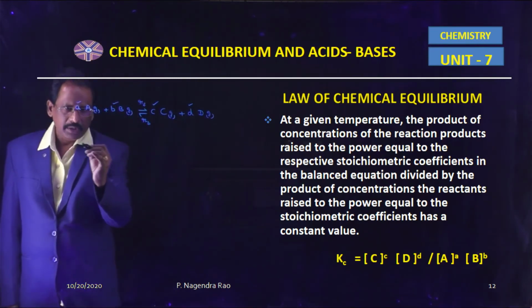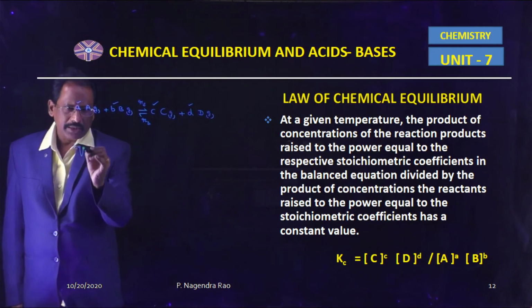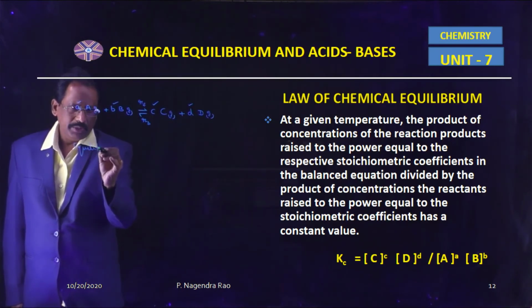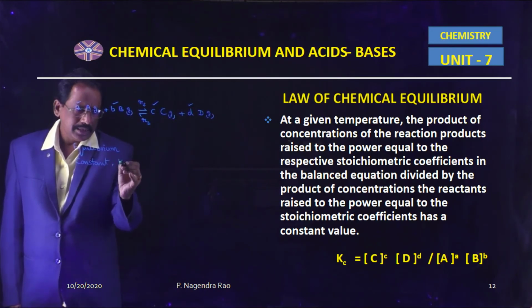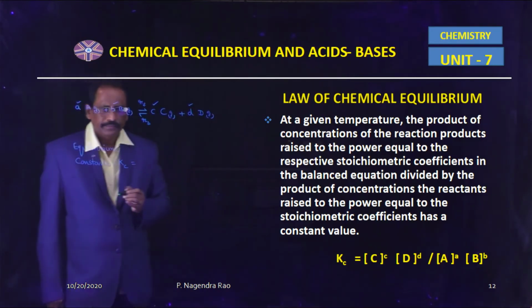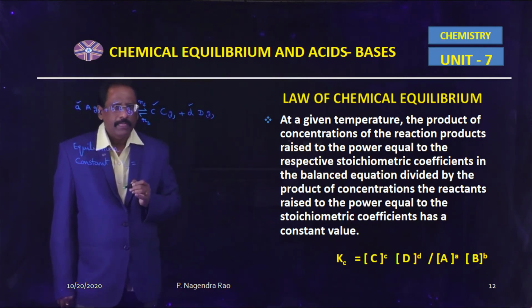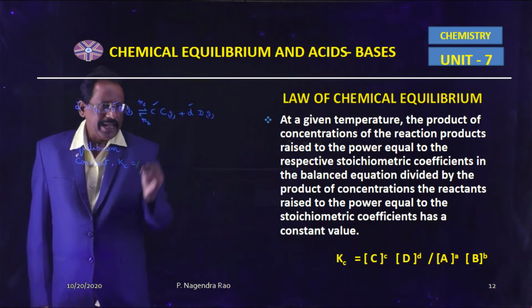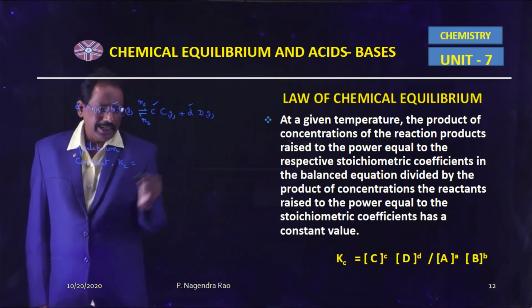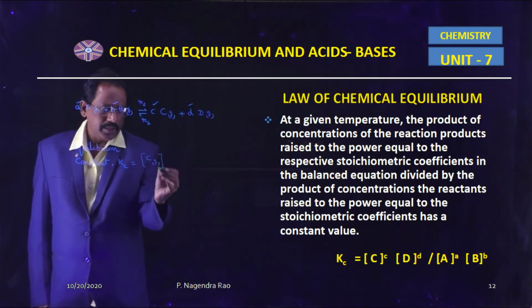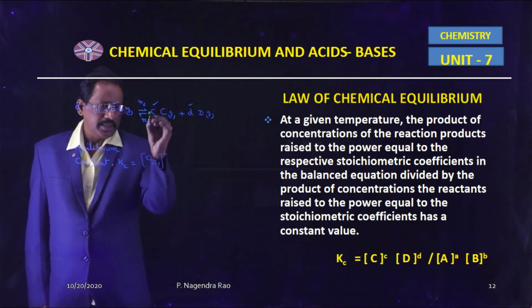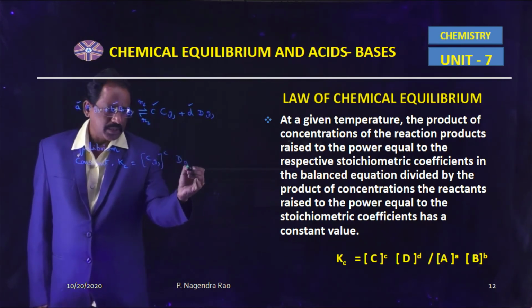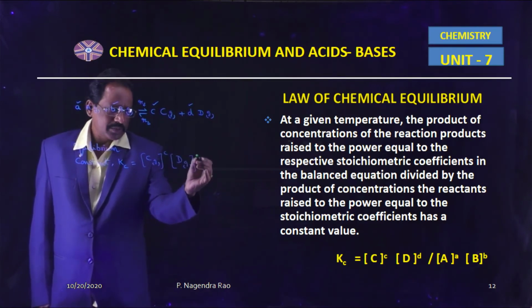So for this example, the equilibrium constant Kc is equal to the products' active mass. In this dynamic equilibrium, the active mass of C whole power small c and the active mass of D whole power small d.